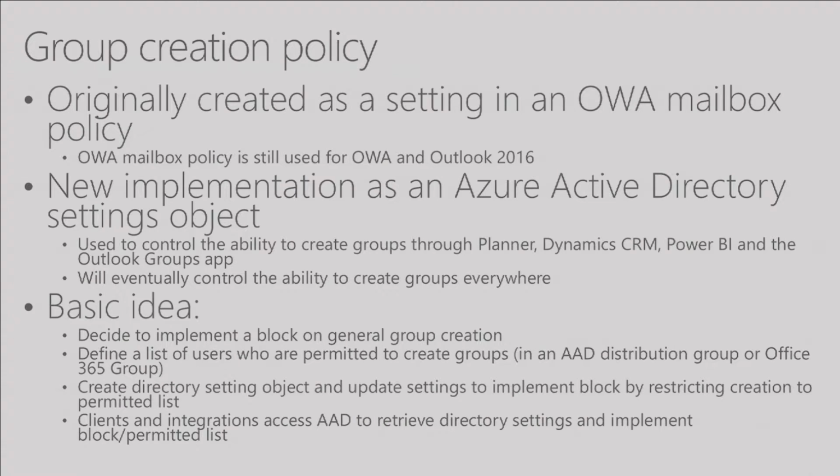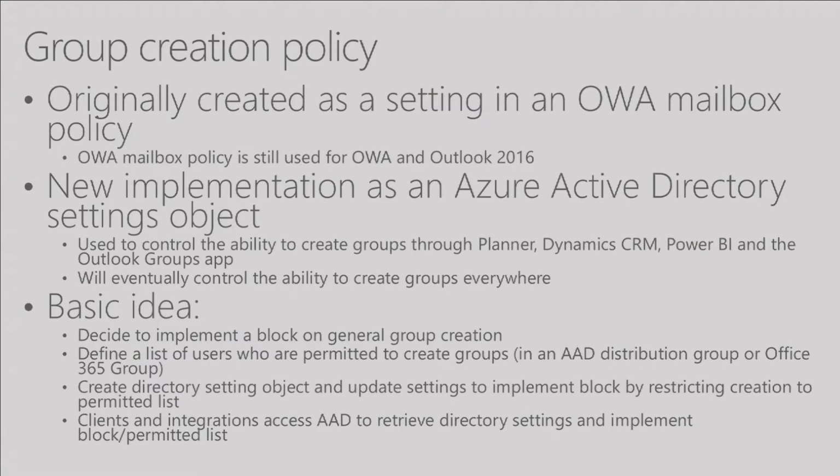Some workloads continue to use the OWA policy. So for the moment, you just have to have a mixture of the both, okay? Anyway, so the new policy controls Planner, Dynamics CRM, Power BI, and Outlook groups. And we'll see how that works in a moment. The basic idea, and we're going to get into PowerShell very soon. I feel the excitement in the room.